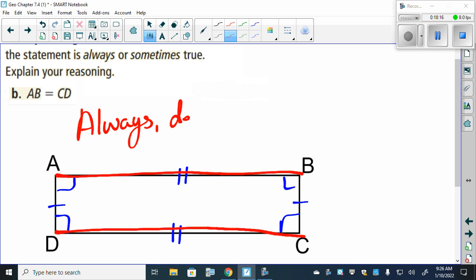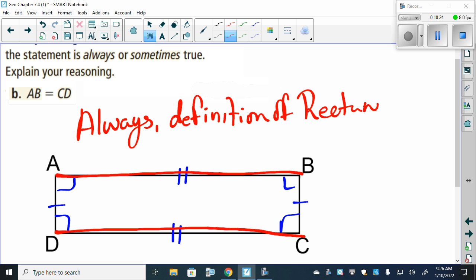Well, that's just kind of the definition of rectangle. Or it would be the rectangle corollary.